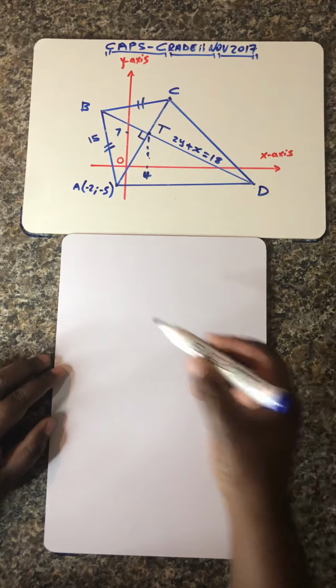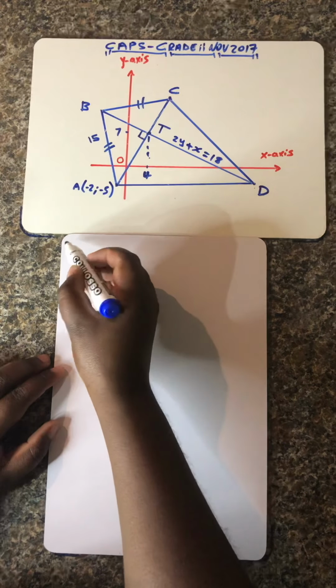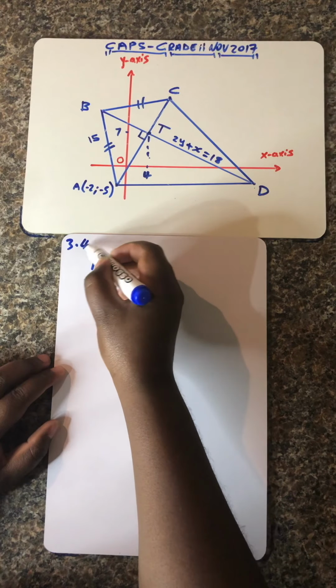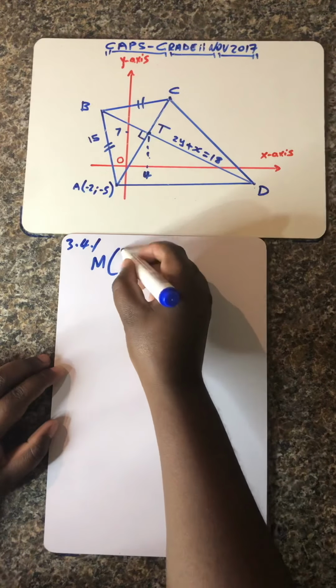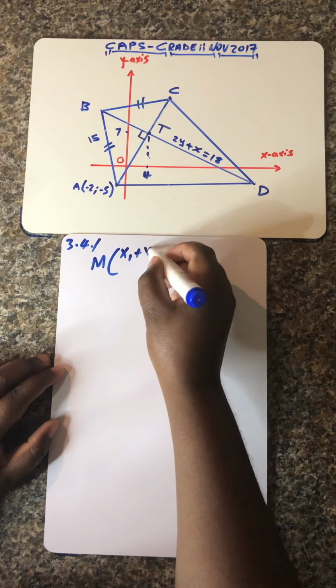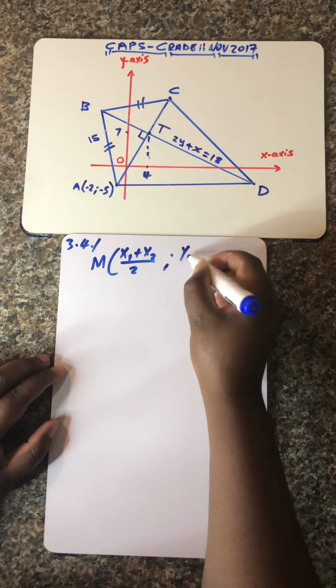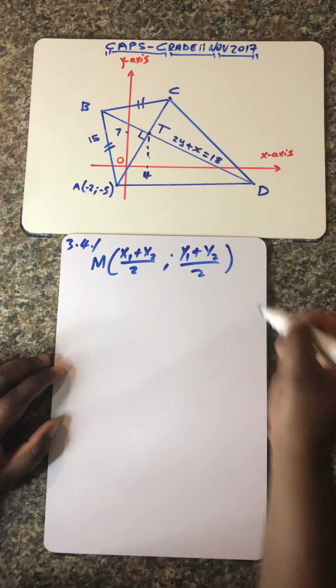I'll just write it down. I assume at this stage you know that. Let me just indicate there that we are now on 3.4.1. The midpoint formula is (x1 plus x2) divided by 2, and (y1 plus y2) divided by 2.